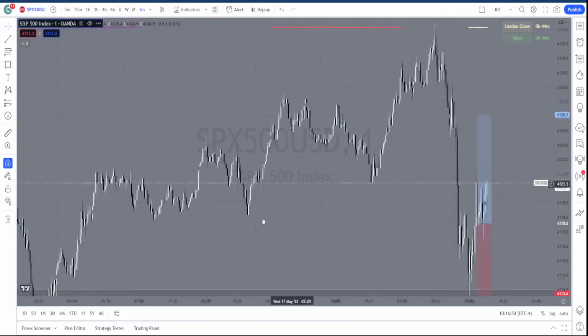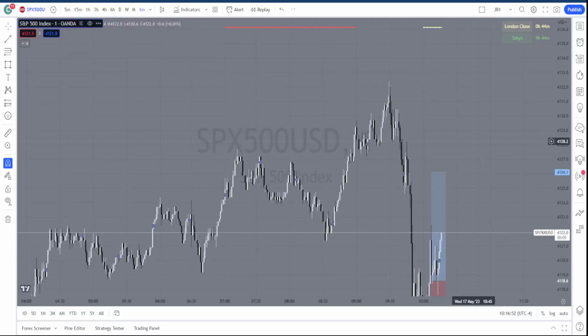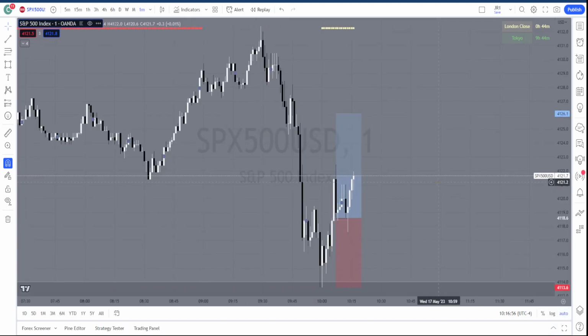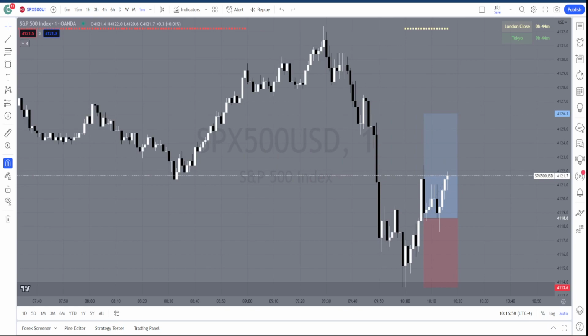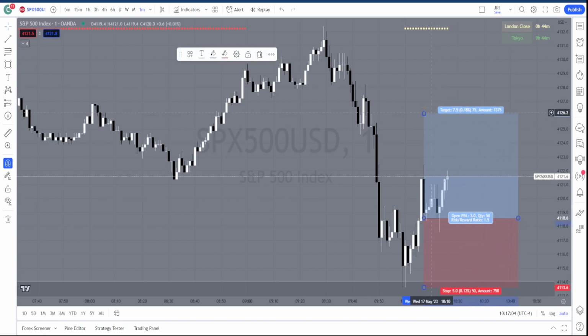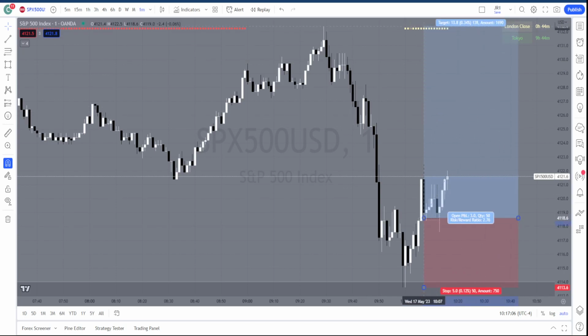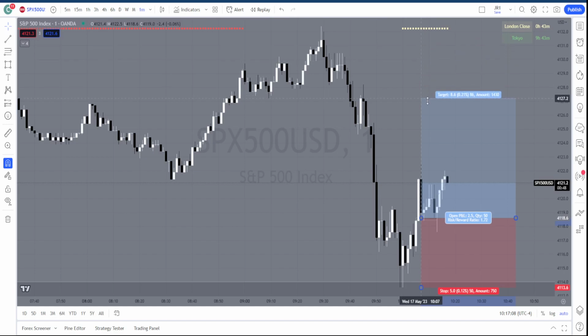Now obviously we don't expect it to keep going up a lot because it's 10:16, 10:17, and markets could start slowing down later on, so we don't want to target something all the way up here and then never reach it.